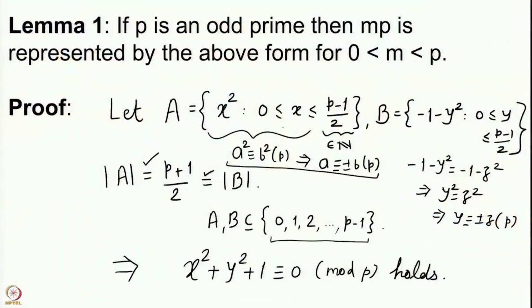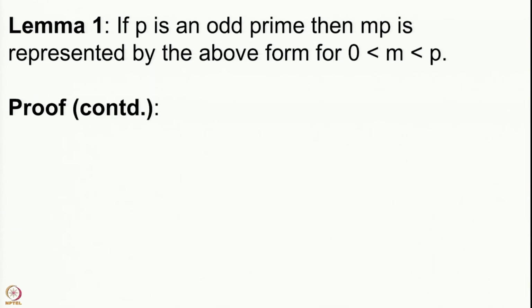So, x square plus y square plus 1 is a multiple of p, because x and y are integers which are in a certain range, and therefore this particular sum of 3 squares is now a multiple of p. Let us call this sum mp.